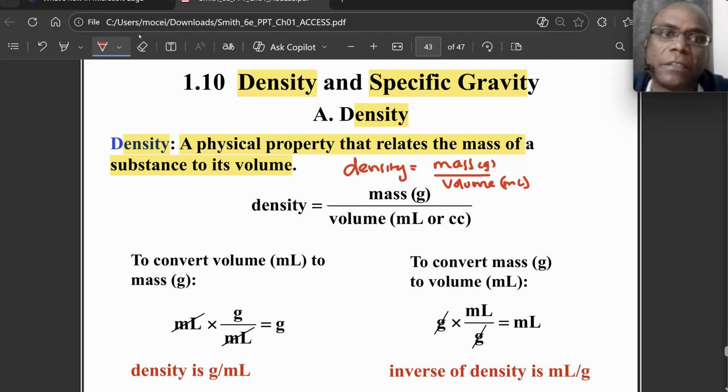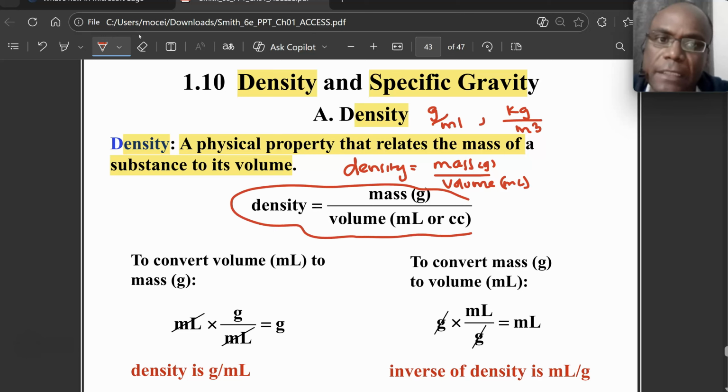That's not the only representation of density as grams per ml. No, density can also be in kg per cubic meter. All right, so we now know what density is. Oh, it can also be expressed as grams per cc, centimeter cubed.